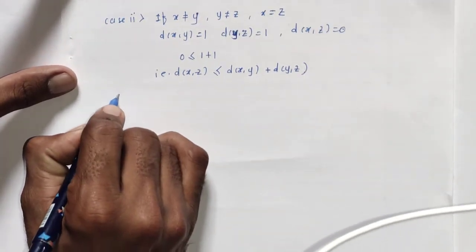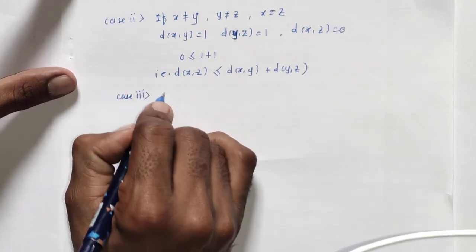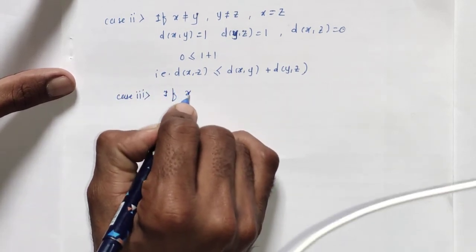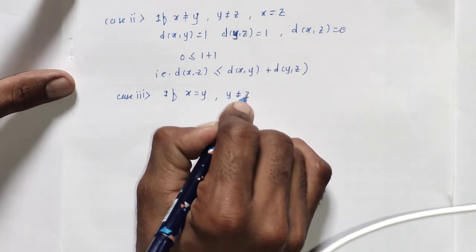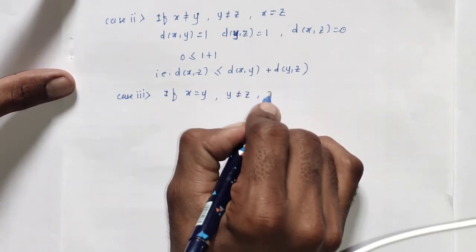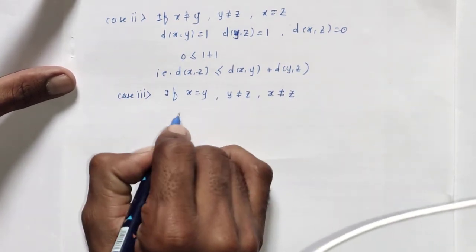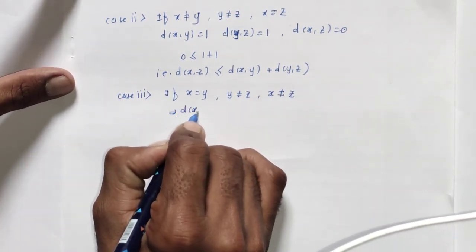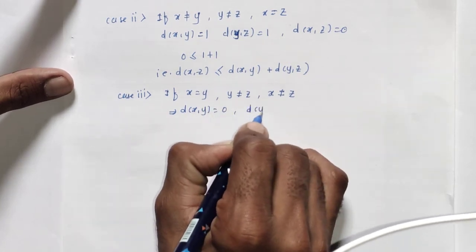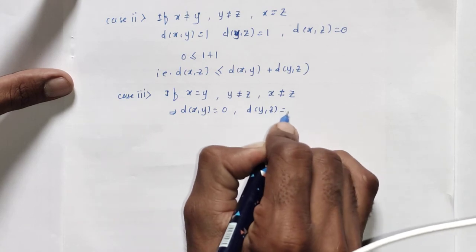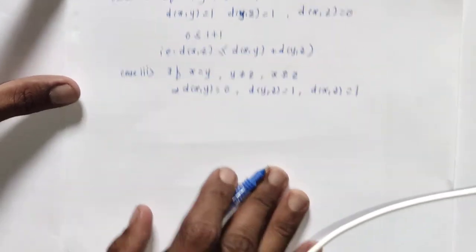Now case 3: if x is equal to y, y is not equal to z, and suppose again x is not equal to z, then distance of x and y is equal to 0, distance of y and z is equal to 1, and distance of x and z is equal to 1.